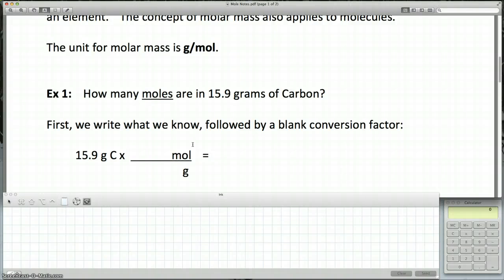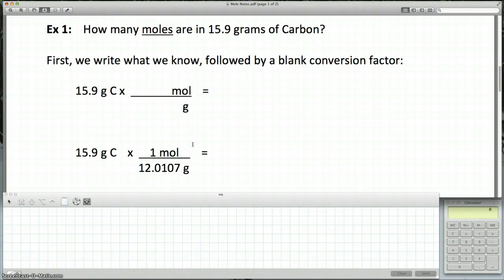Now the nice thing here is mole is always 1. Whenever we have mole, we put a 1 in front of it. Whenever we have grams, we put the red number from the periodic table. So what I do is I see we have carbon. So I look up on the periodic table and I see the red number for carbon is 12.0107 grams. So that's what I put in front of grams.